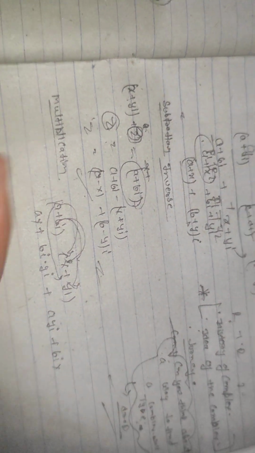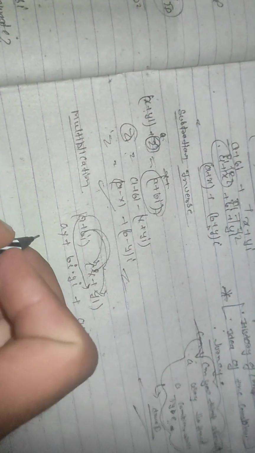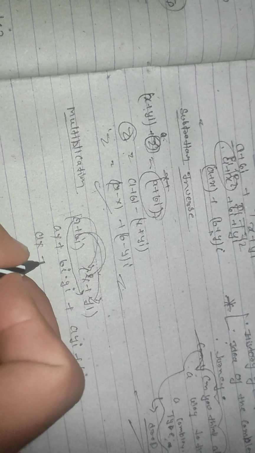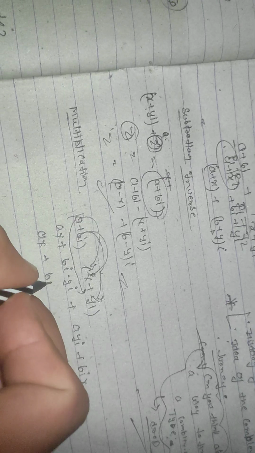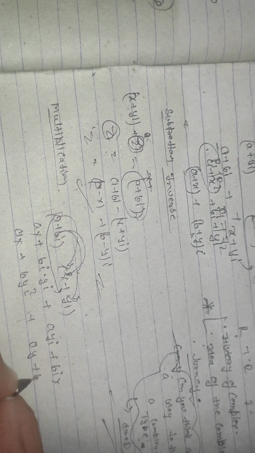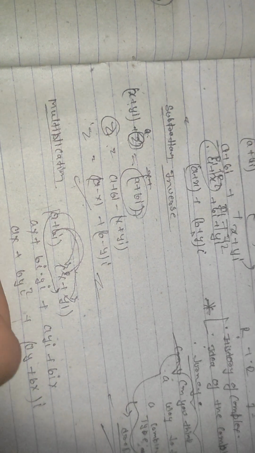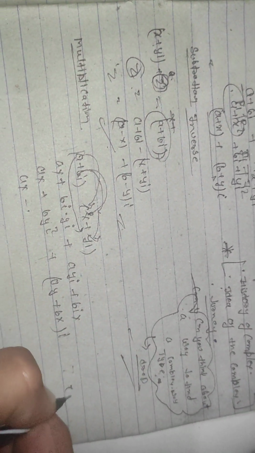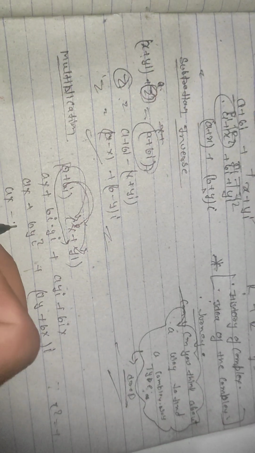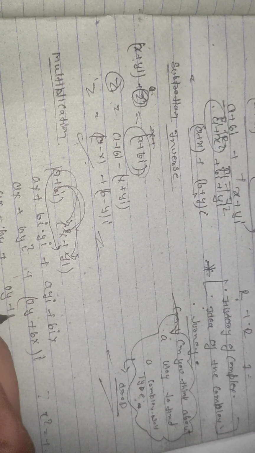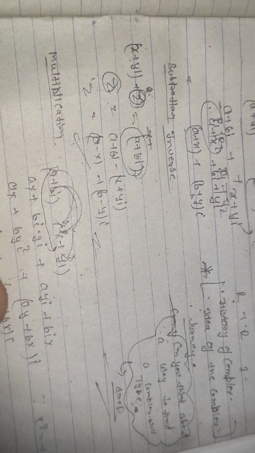So we get ax plus by iota square, and ay plus bx iota, where iota square equals minus 1. So minus by plus ay plus bx times iota.